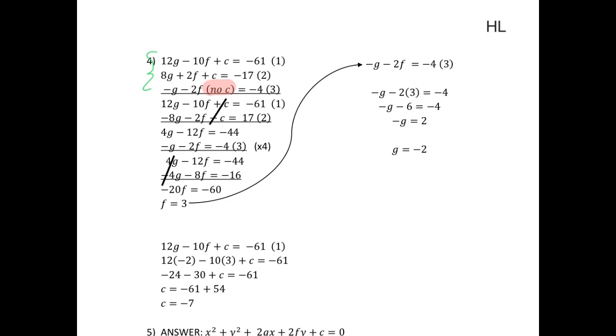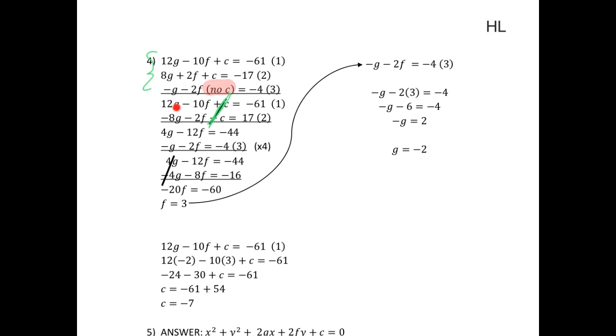So if we take our first equation as it is and change the sign all the way across our second equation, 8g becomes minus 8g, 2f becomes minus 2f, plus c becomes minus c, and minus 17 becomes plus 17.